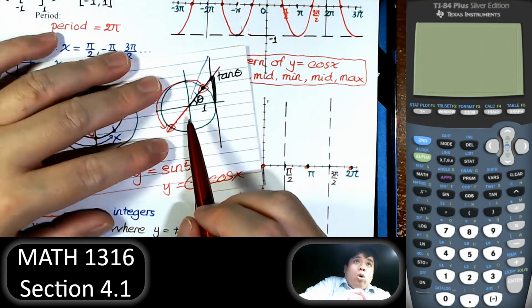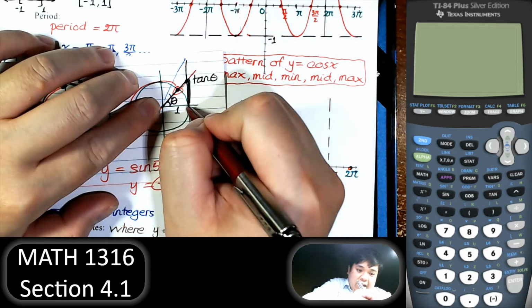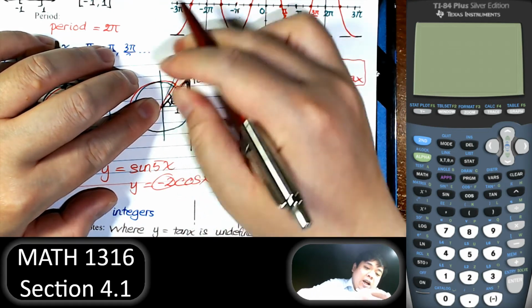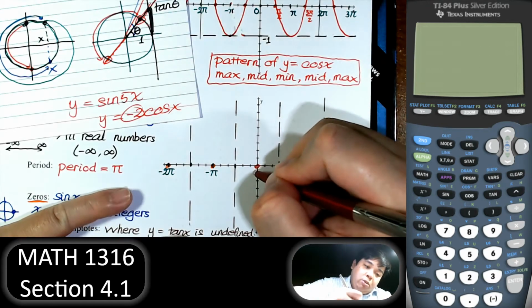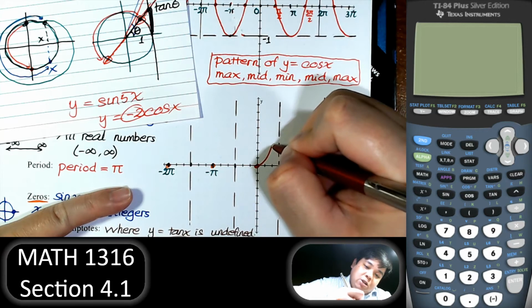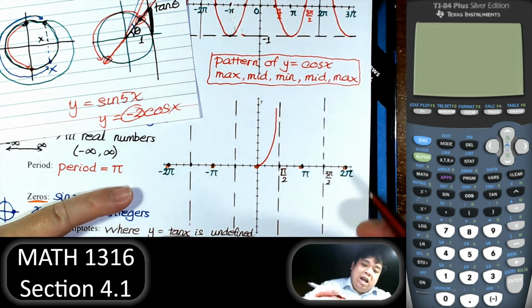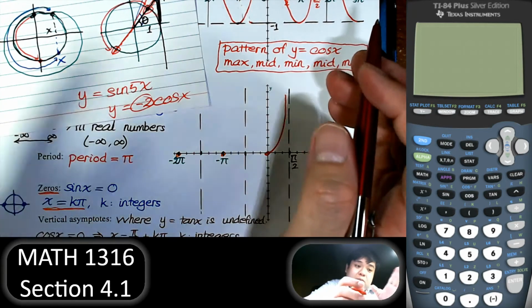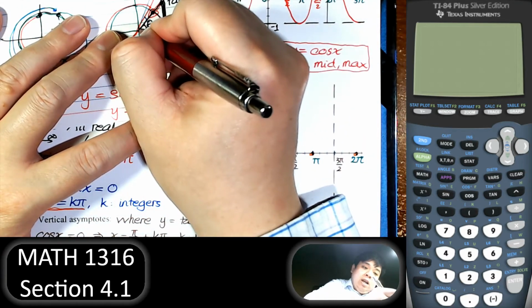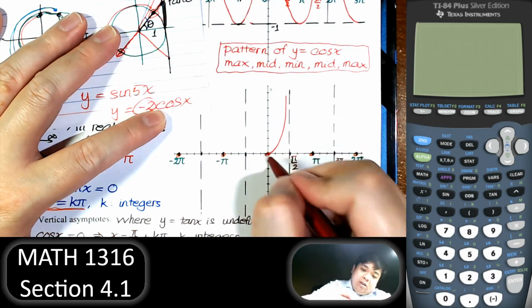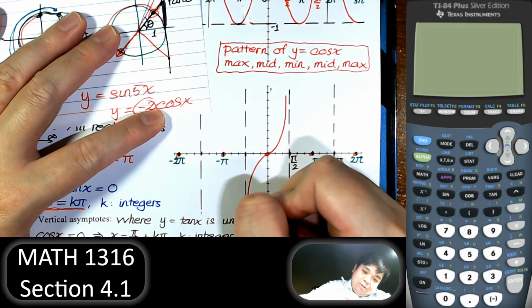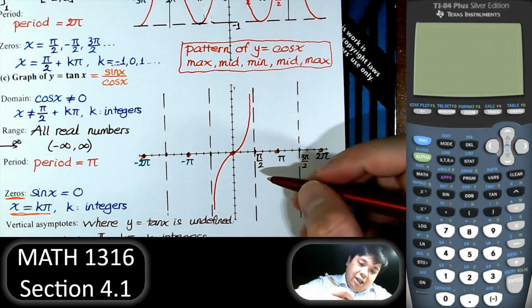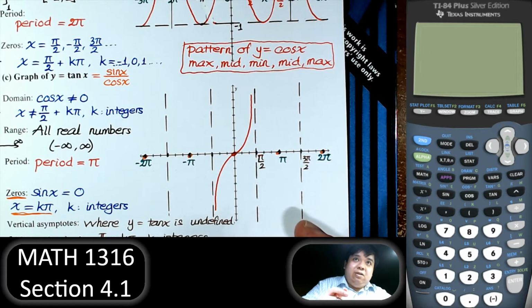When the angle gets bigger and bigger, extending the terminal ray, the tangent gets bigger and bigger. So going in that direction, it gets bigger and bigger, approaching the asymptote. The asymptote means the graph will get closer and closer to it, but never touch. On the negative side, if you extend the terminal ray, it will be negative. So on this side we have negative.